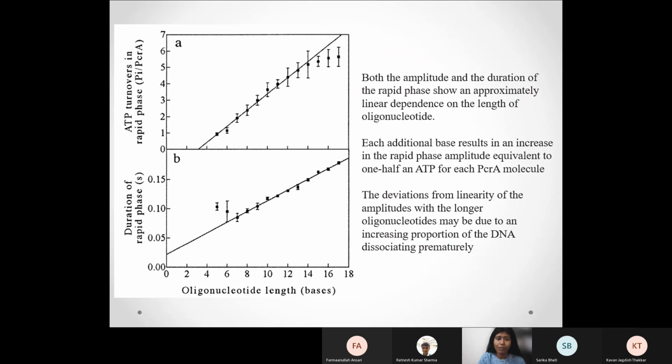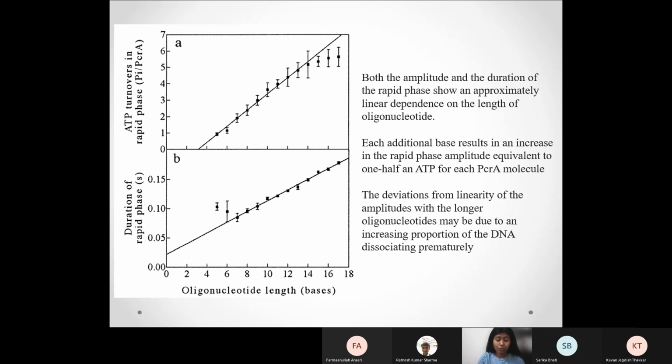And then you do the same kind of experiment and you try to see what is the rate of ATP hydrolysis, that is the release of inorganic phosphate, and you plot curves. What you see is that as you keep increasing the number of nucleotides on the single-stranded DNA, the inorganic phosphate released progressively increases, which means there is a direct positive correlation between the nucleotide length and the ATP hydrolysis.